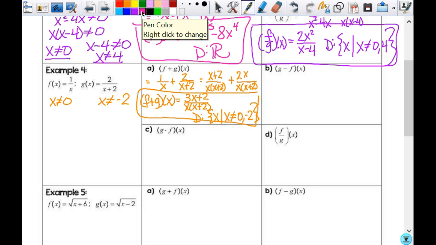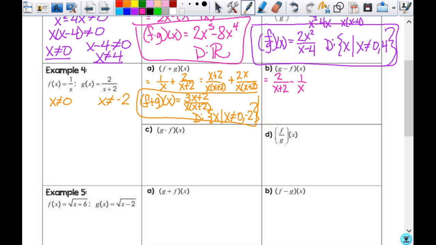Okay. Then g minus f is going to be 2 over x plus 2 minus 1 over x. Okay, so does that become 1 over 2 because the x's cancel out the denominator?